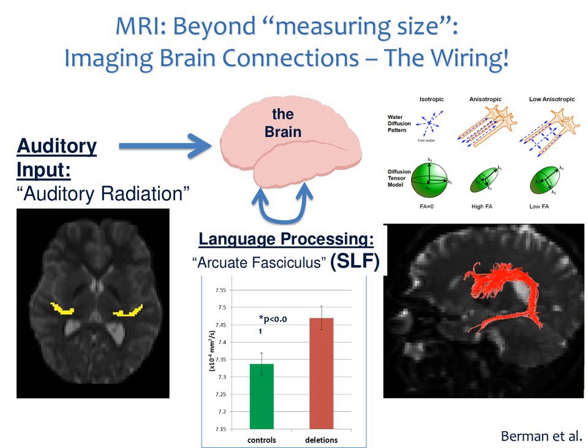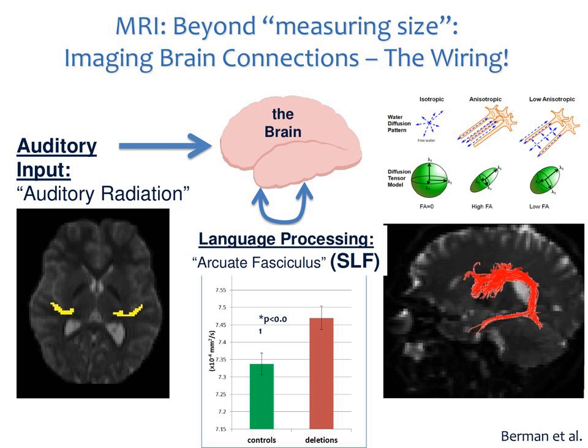Fibers like celery, it's fibrous, so is the white matter of the brain, having a preferred direction. And in this study from Jeff Berman, it was possible to trace out both the early fibers of the auditory pathway from the thalamus to the auditory cortex in yellow, and also to look at the fibers of the language network in red. This is the arcuate fasciculus.